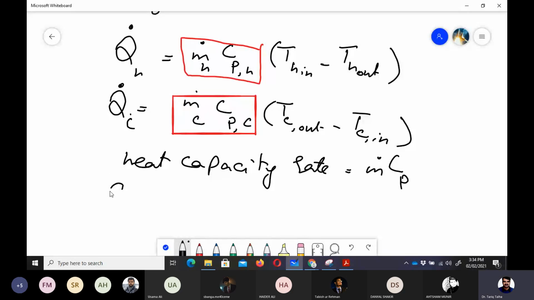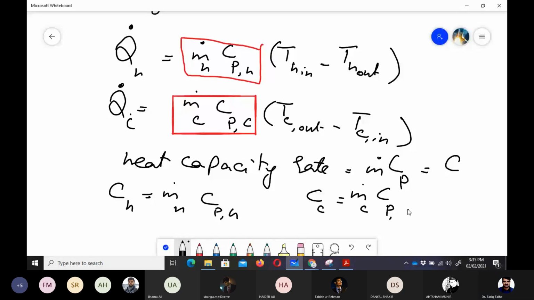So here C H would be equal to, and that is represented with capital letter C, m dot H into Cp H, and similarly C C is equal to m dot C into Cp C.